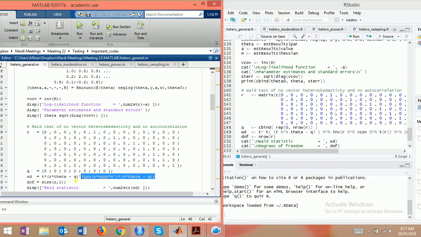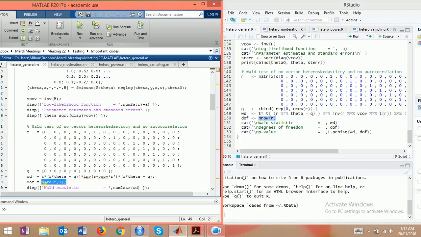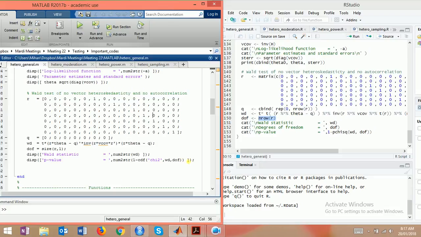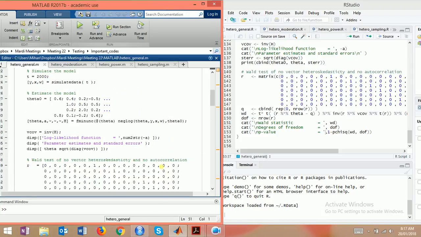Fine, not bad. Degrees of freedom is number of rows. Good. The easiest way to express chi-square CDF is pchisq. That's all. Beautiful.